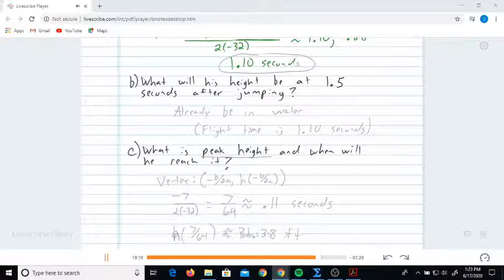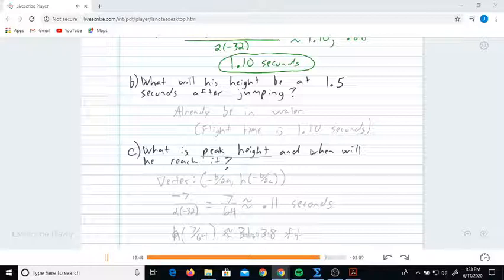Now, what will his height be at 1.5 seconds? Well, we know he's going to be in flight for 1.1 seconds, so actually this is a bit of a trick question. The diver will already be in the water. That's because we know flight time is 1.10 seconds.